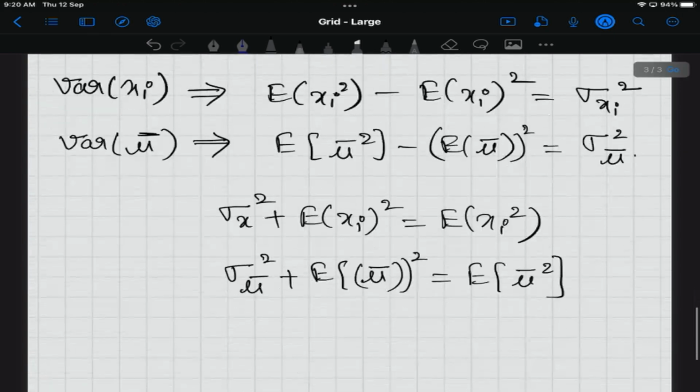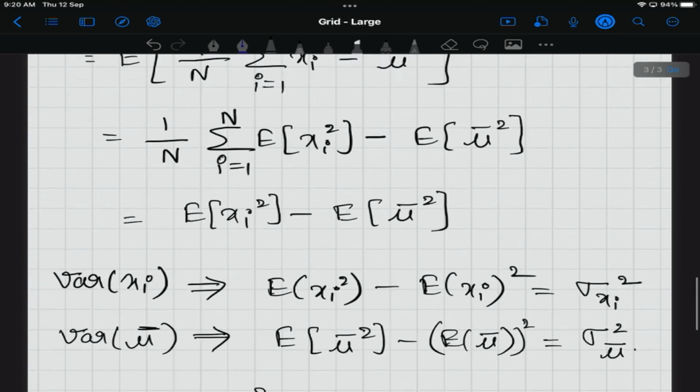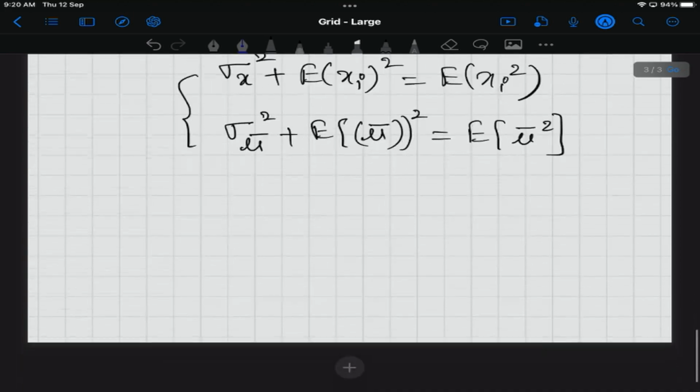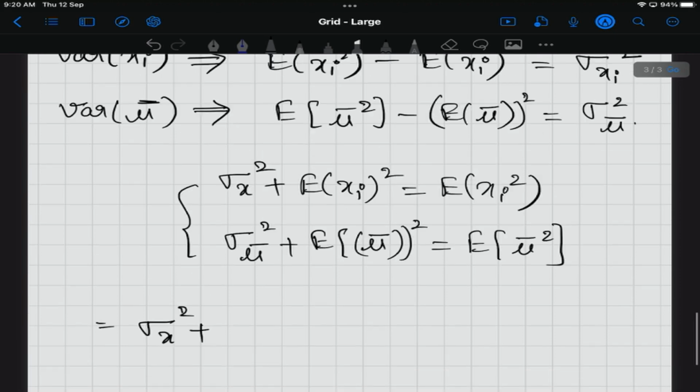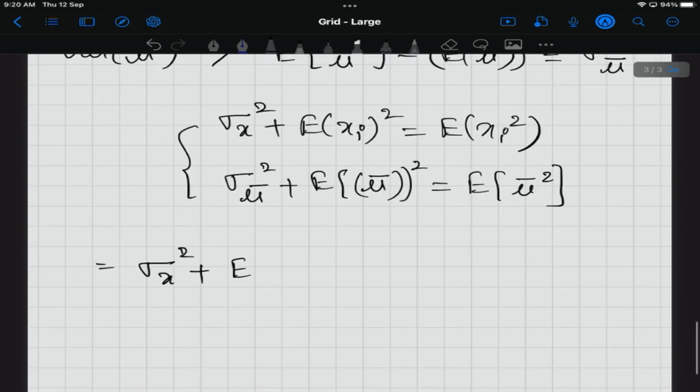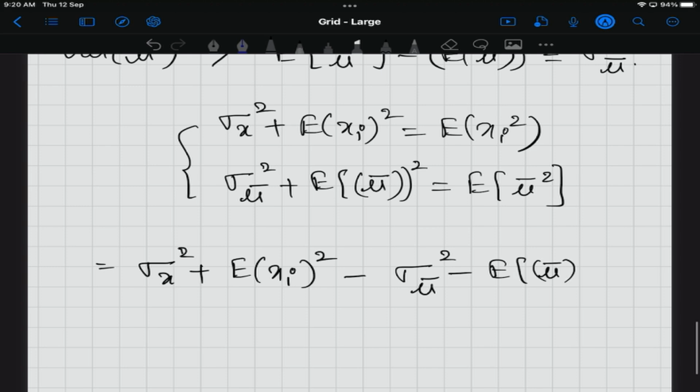So these two terms will substitute here. Minus sigma mu hat square, minus expectation of mu hat whole square, right?